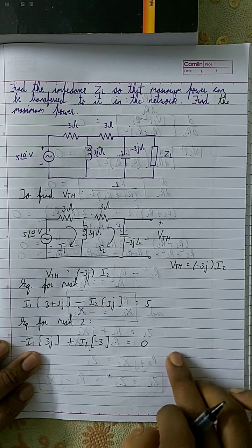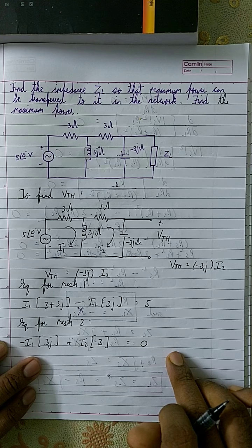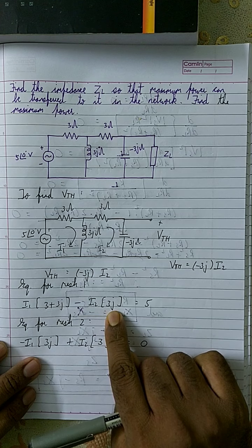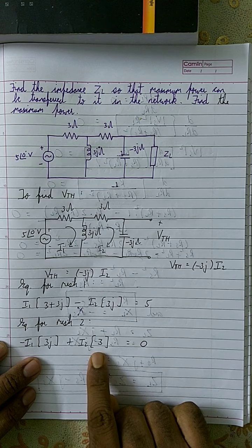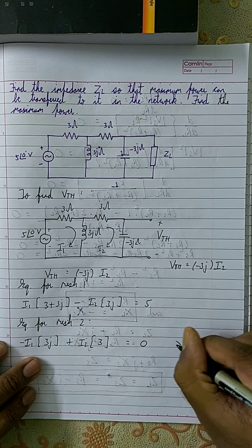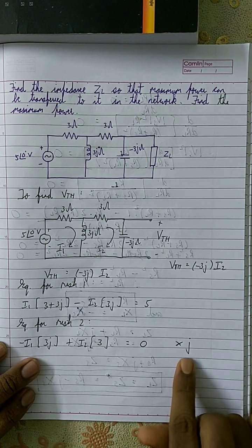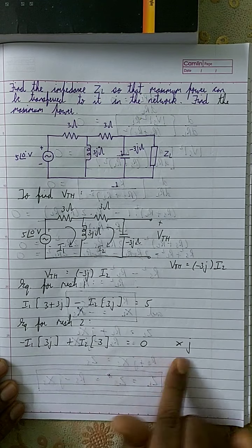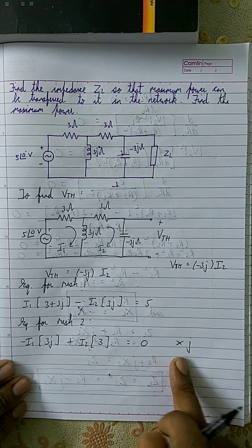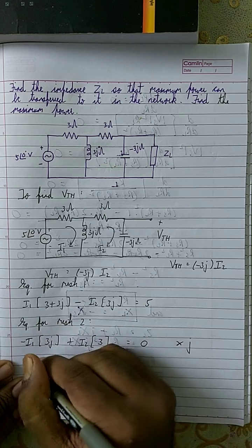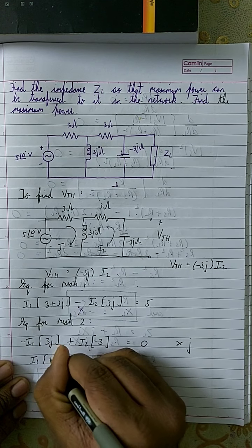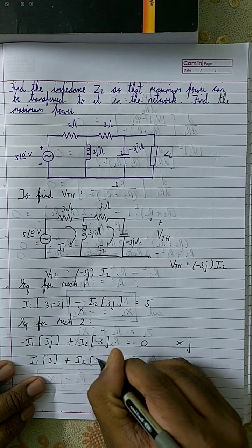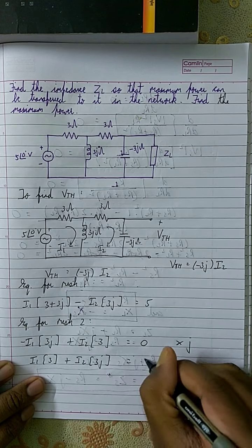So how to find the value of I2 over here? Here in one equation there is j, here there is no j, so I will multiply this equation with j. Then I can add these two equations. Multiplying with j, j into j is minus 1, and minus 1 minus becomes plus, so it is I1 into 3 plus I2 into 3j is equal to 0.